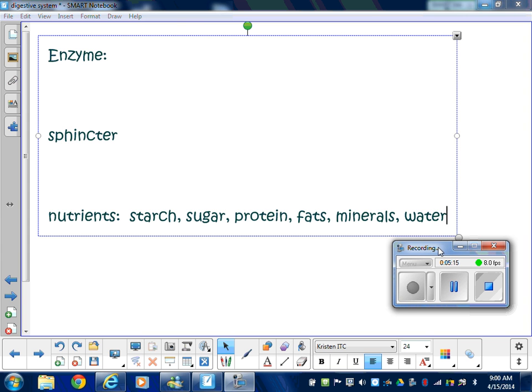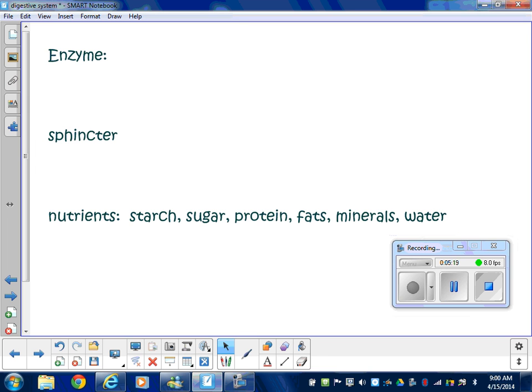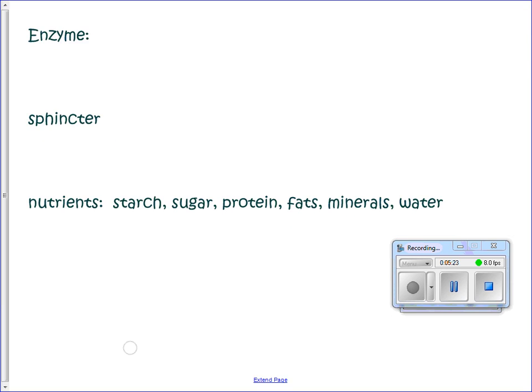Enzyme. What is an enzyme? You should have read about it yesterday. Yes. Okay, so it's a special chemical that breaks down a nutrient.